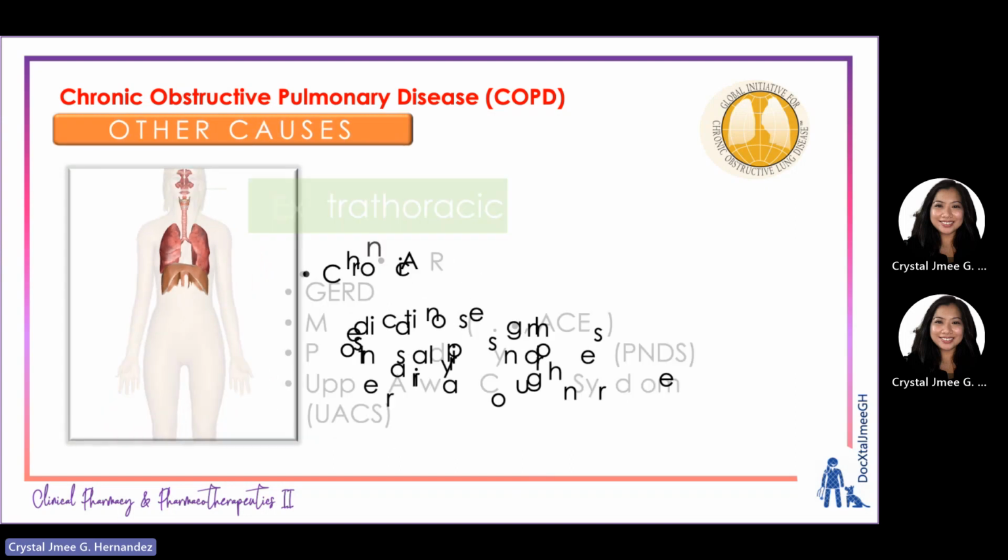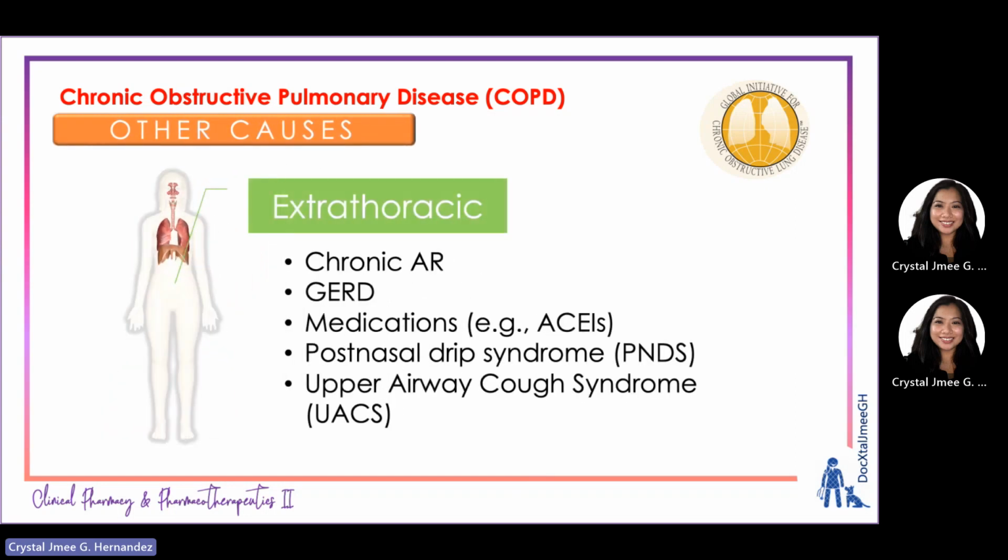The second major group of other causes would be extrathoracic in nature, meaning other organ diseases that can contribute to the development of COPD. We have chronic allergic rhinitis. We have GERD or gastroesophageal reflux disease.